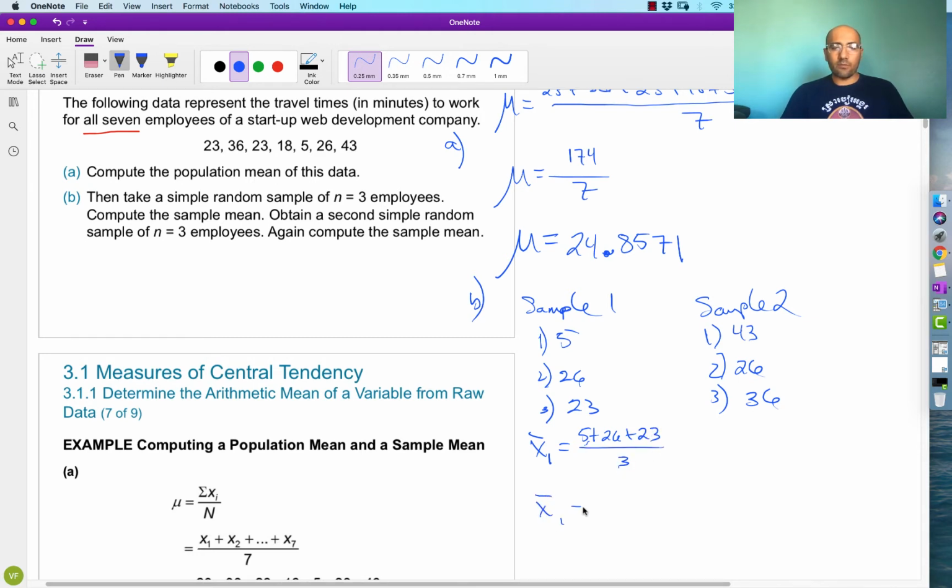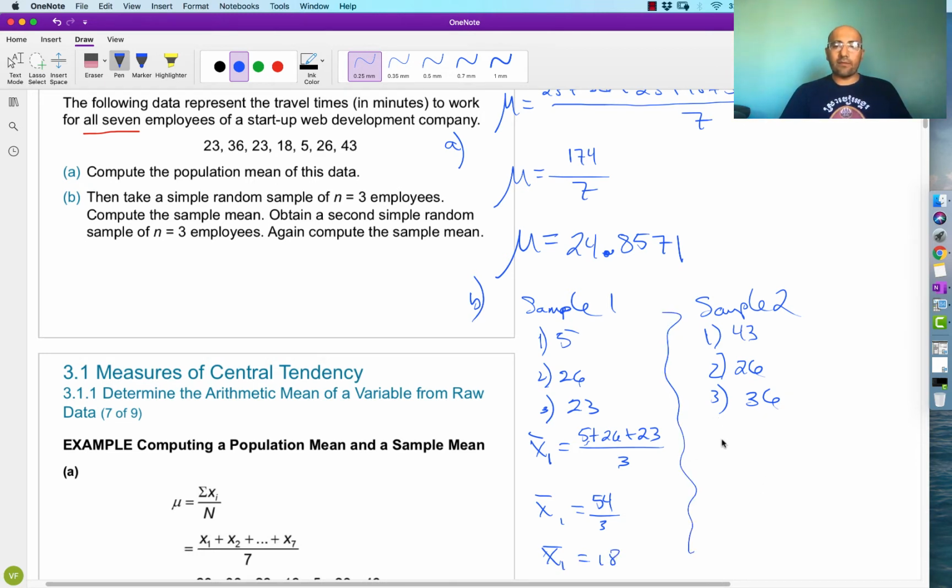So 31 plus 23 is 54, divided by 3. x bar sub 1 equals 18.